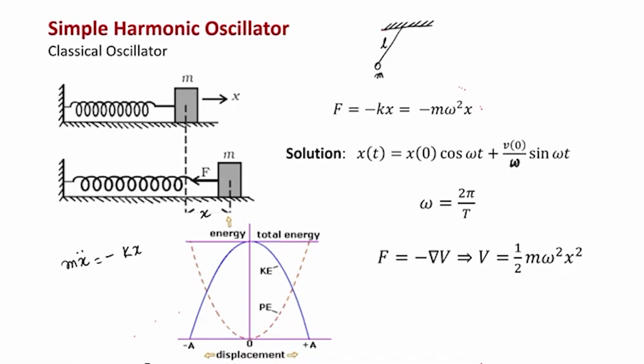Now energy is of course a constant of motion, which is kinetic energy plus potential energy. Once you pull this mass towards the right and then leave it, it will go back because of the restoring force. This is called a restoring force, and the negative sign says that it will go in the direction from which it has been displaced.